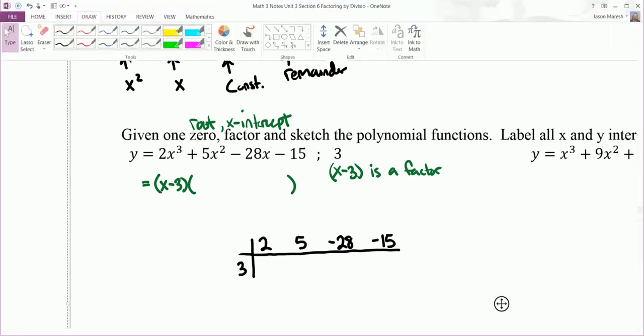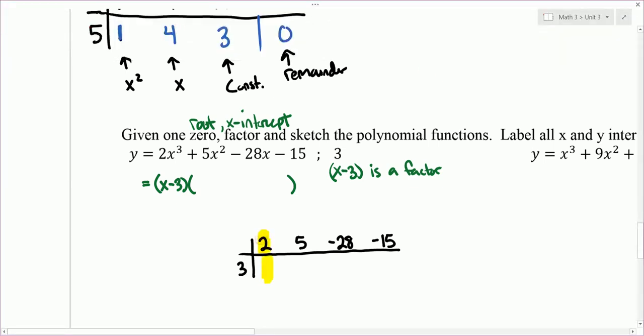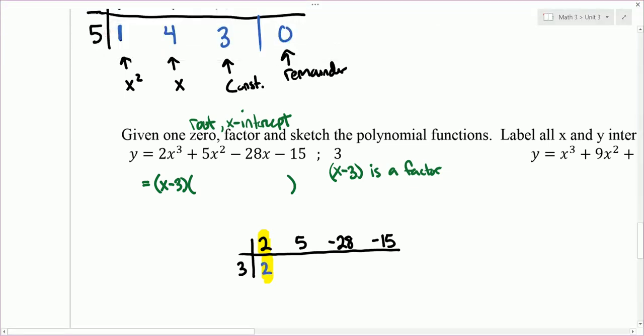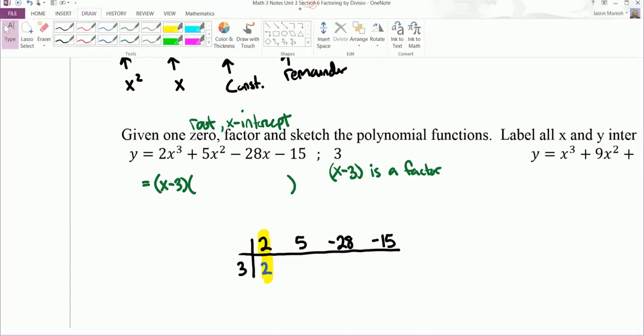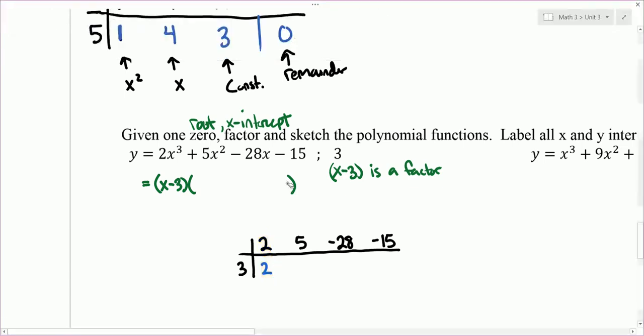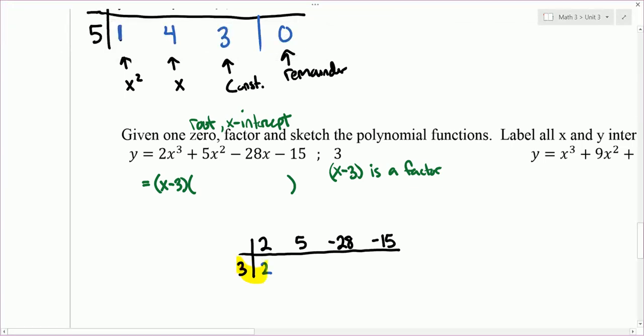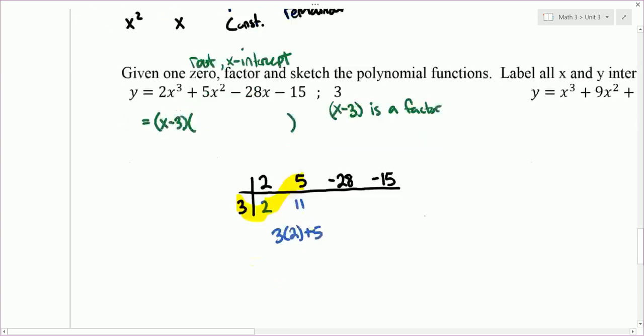And in the process, bring down the 2. And then we're going to multiply 3 times 2 and add it to the 5. 3 times 2 is 6, plus 5 is 11. Put the answer here right beneath the 5.